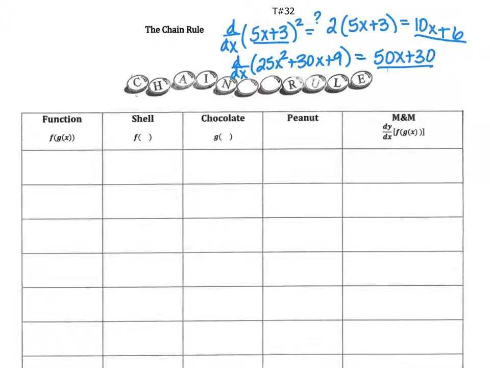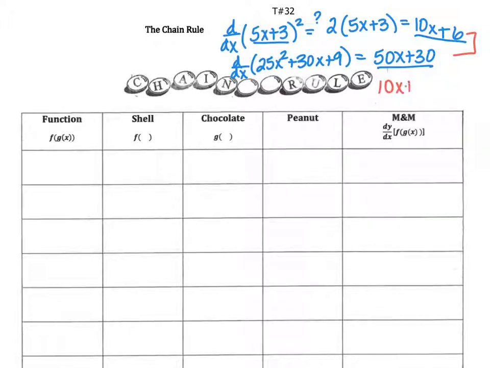Well, the issue is, it's not that the power rule didn't work, it's just you have to understand that when we did the power rule, the derivative of what you were raising to the power was 1, and when that's not true, you always have to think of that inner derivative. Look at the difference between these two: 10x + 6, 50x + 30.